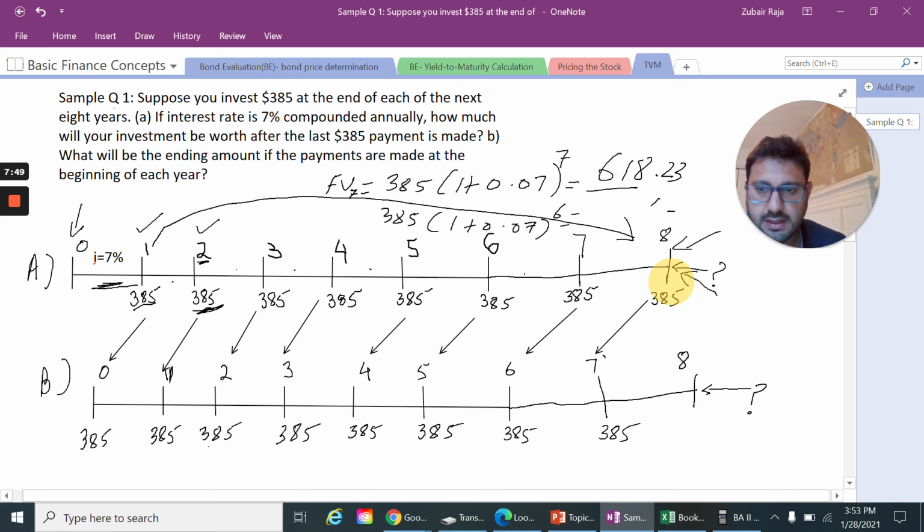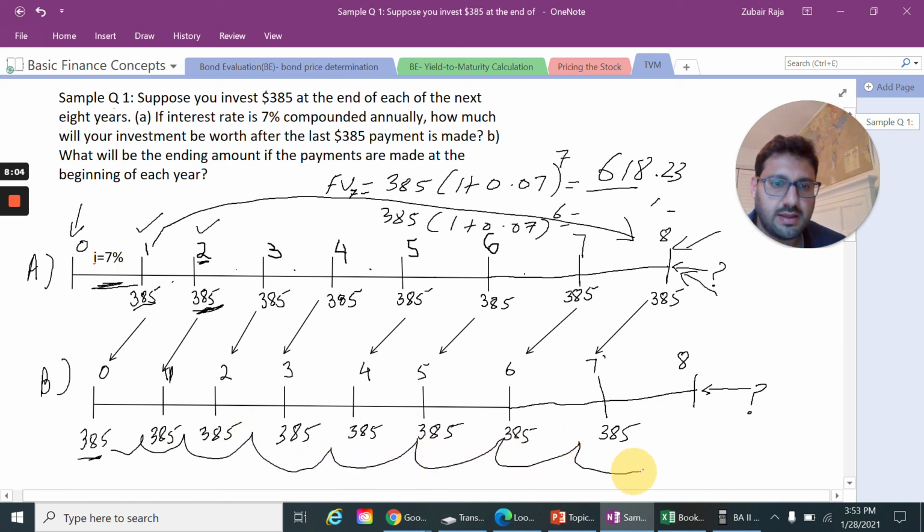So the first cash flow has the opportunity to grow for 8 periods. So 8 times interest will be added. Every year one interest will be added. So 1, 2, 3, 4, 5, 6, 7 and 8, right? So what will happen if I want to find the future value of the first cash flow?